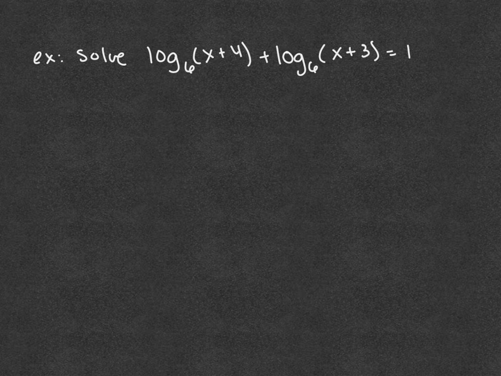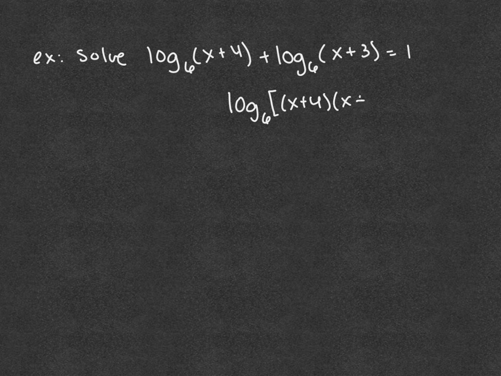So first of all, we notice that we have two of the same bases, a 6 and a 6 here. So we can use our properties to go ahead and condense the left-hand side of the equation. So this becomes log to the base 6 of x plus 4 times x plus 3 equals 1.